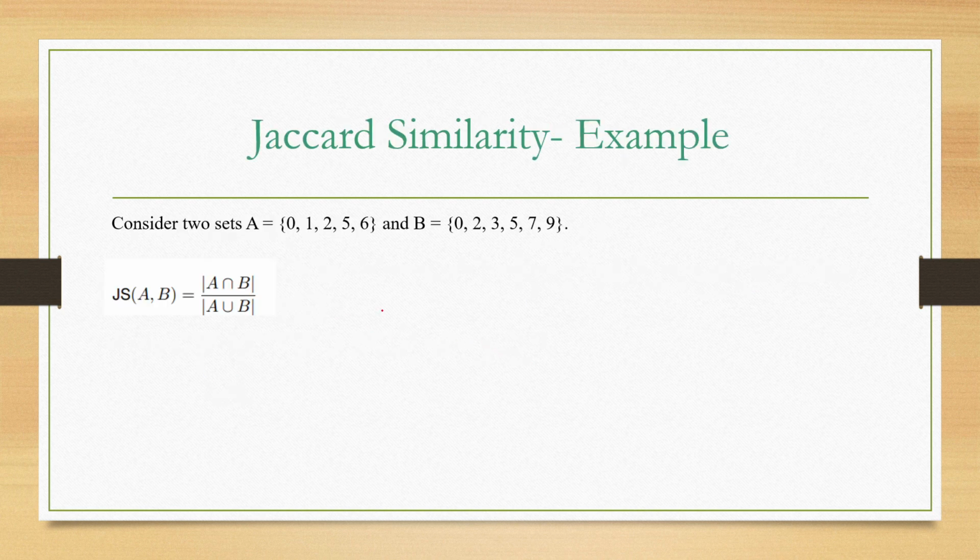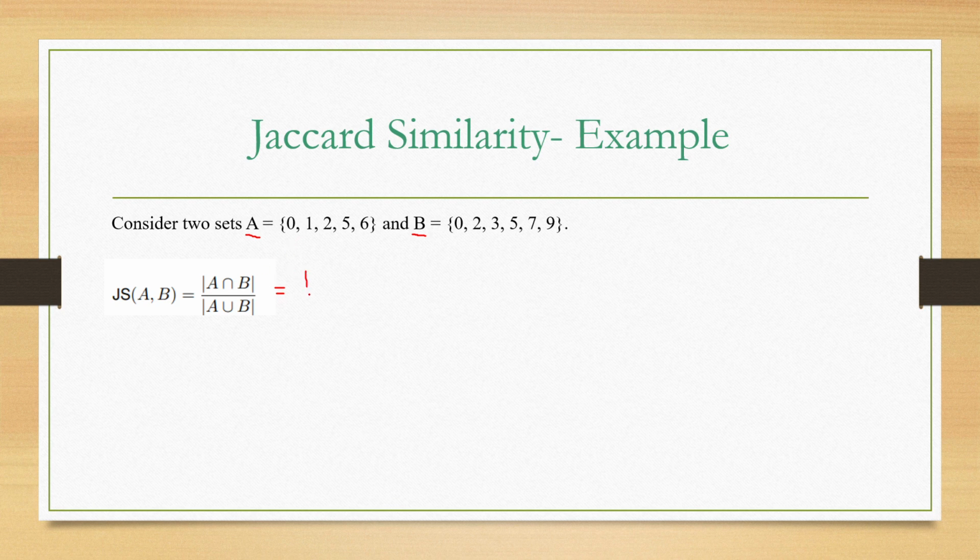Okay, so now let us consider an example. This is the first set and this is the second set, and this will be the Jaccard similarity formula for A and B. So let us try to find out what will be the values here.